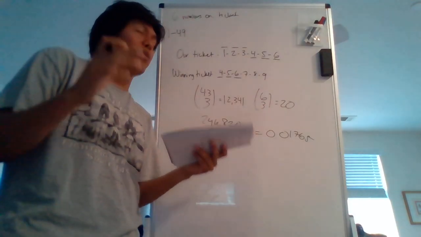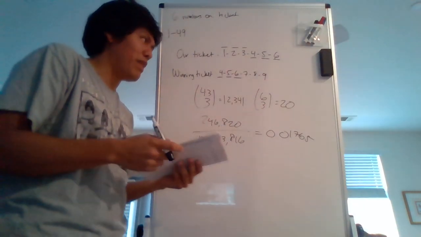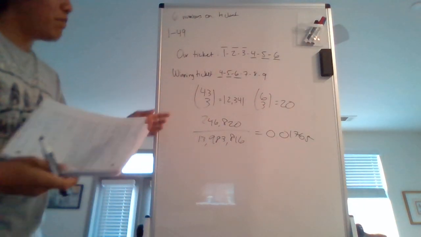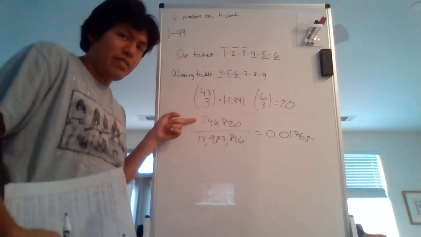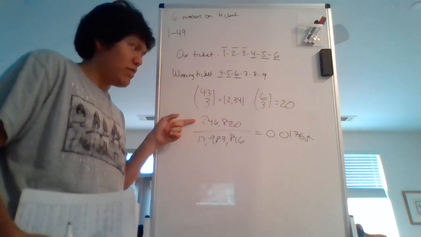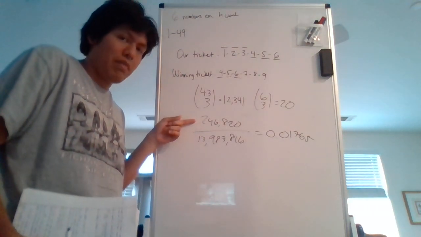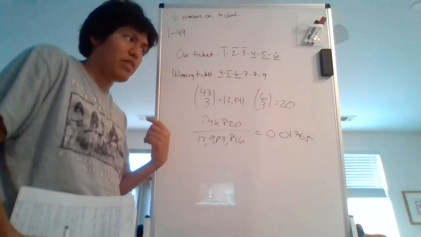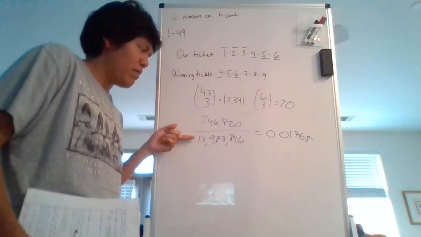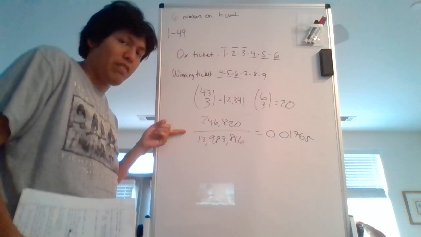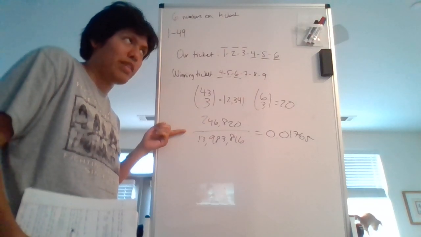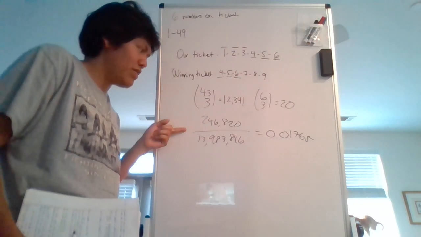Language matters a lot. The way you ask and word these things matters a lot. Because this number is how many ways a winning ticket matches 3 of our numbers. But we need to find the probability of our ticket being a winning ticket that has 3 winning numbers.